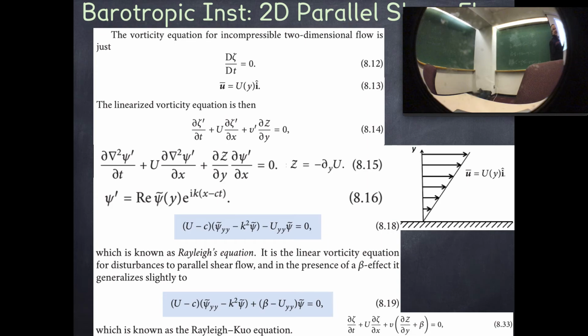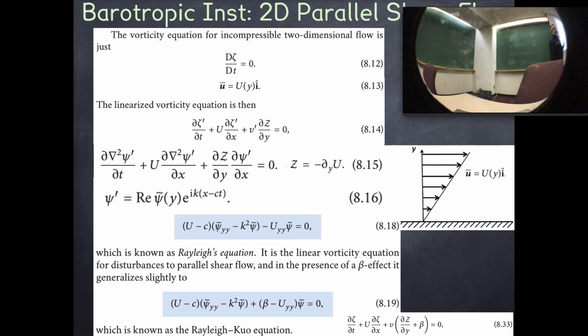Or an ordinary differential equation? Or an algebraic equation? It's a differential equation, and it's an ordinary one because all the derivatives are in y. The time has dropped out and the x has dropped out when we plug in this form.